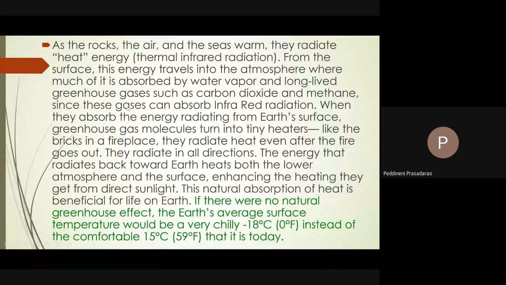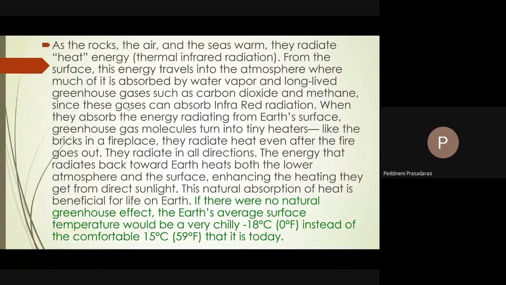So, as I said, once the incoming radiation is converted into infrared radiation, and when it is going out, in the absence of gaseous molecules, this infrared radiation would leave the troposphere. But because the troposphere contains water vapor, carbon dioxide, CFCs, NOx, all these have the special ability to absorb this infrared radiation.